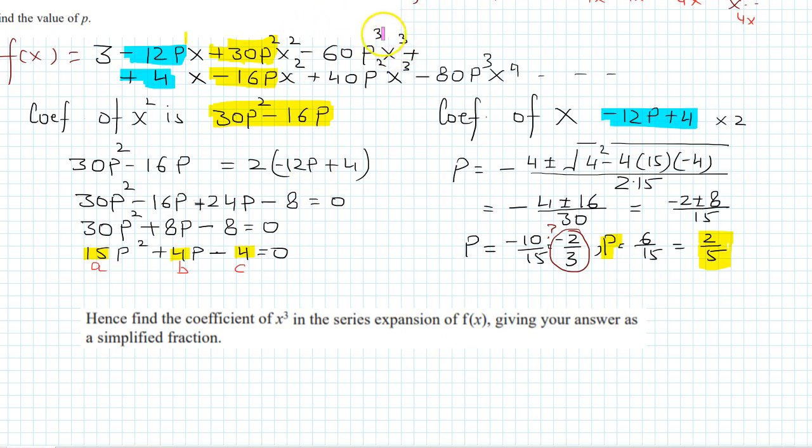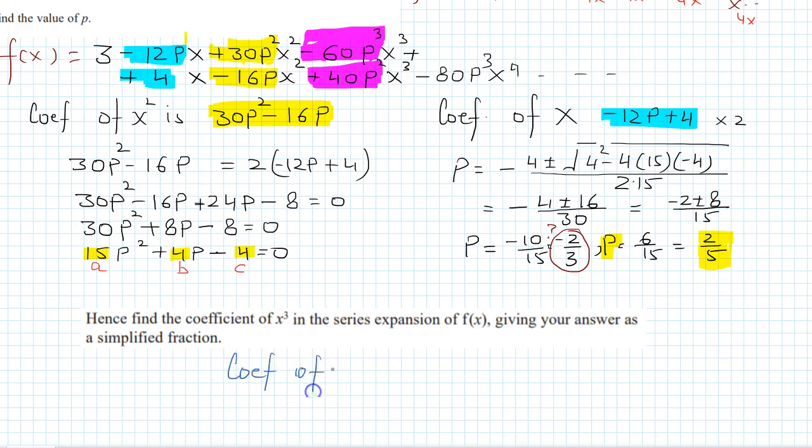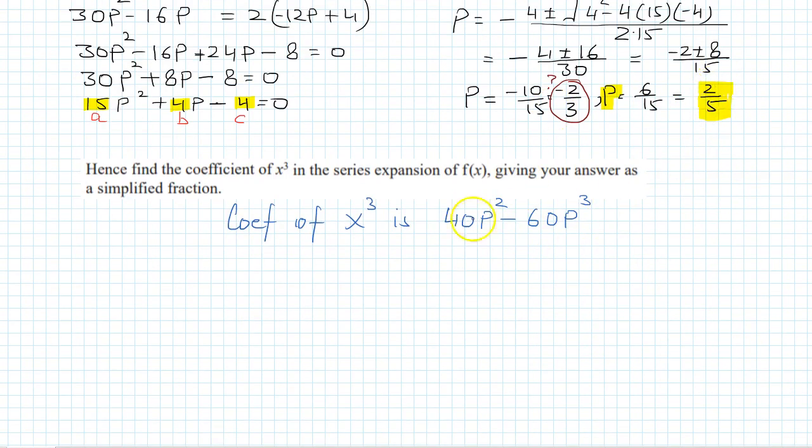So the coefficient of x³ is, this is the coefficient of x³ and this is the coefficient of x³. So the coefficient of x³ is 40p² minus 60p³. And I have to put p is equal to 2 over 5.